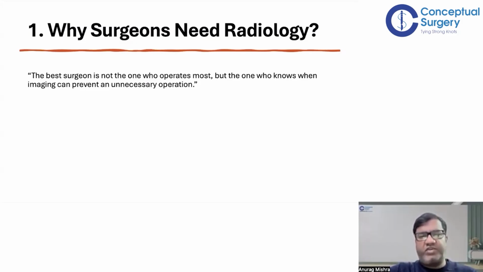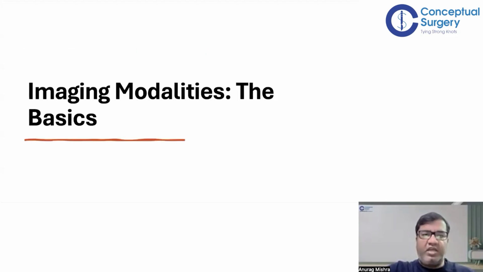Then comes a phase when we start knowing the indication, that okay, this procedure is used here, this procedure is used here. And then come the wise surgeons who know when not to operate. So a good surgeon or a best surgeon is one who knows what to see in imaging, by which you can avoid maybe an unnecessary operation, or know when to do and when not to do. You start differentiating that. So radiology, I think, helps in that.